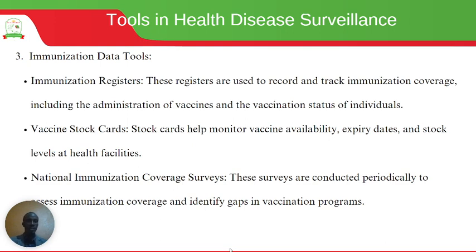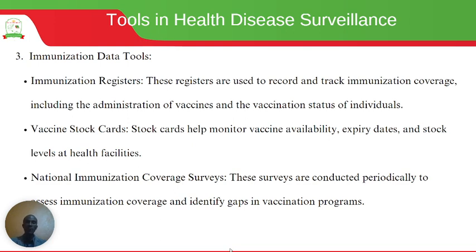The other immunization data tool is the vaccine stock card, which helps to monitor the vaccine availability, expiry dates, and the stock levels at health facilities. So this stock card is always used to tally the vaccines against the original number. So whenever these people who are handling vaccines or the cold chain team receive these vaccines, they have to record the number that they have received.